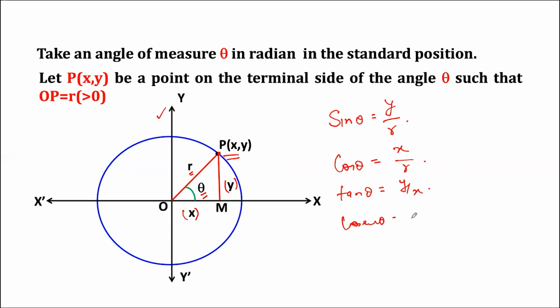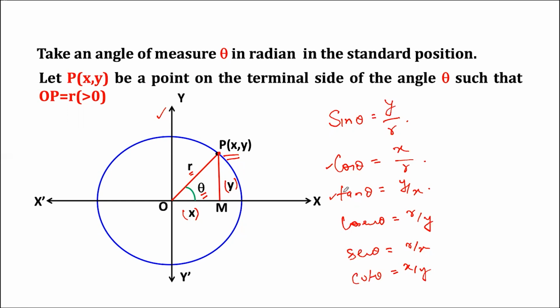And cosec theta is nothing but the reciprocal of sine. Sec theta is the reciprocal of cos theta. And cot theta is the reciprocal of tan theta, right? So these 6 trigonometric ratios we have to study, right?